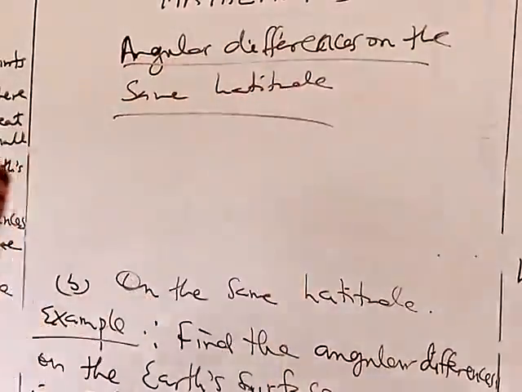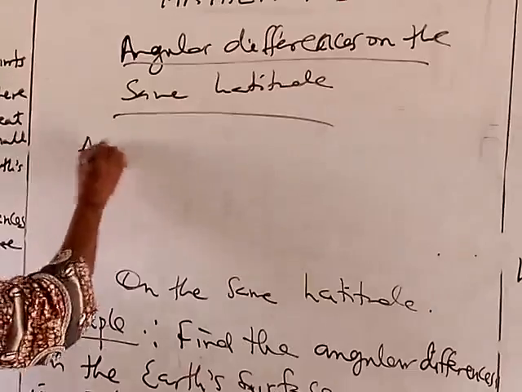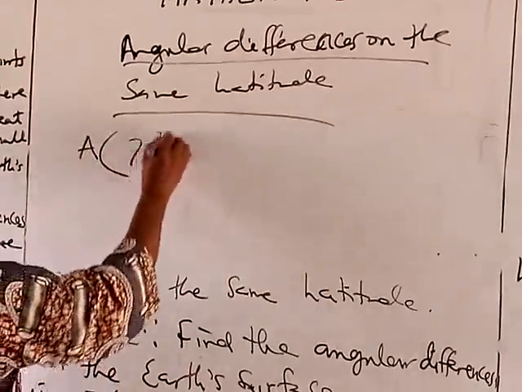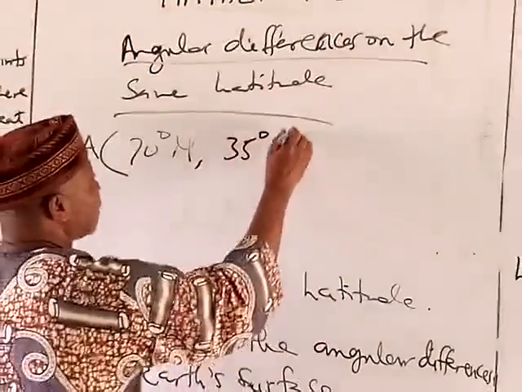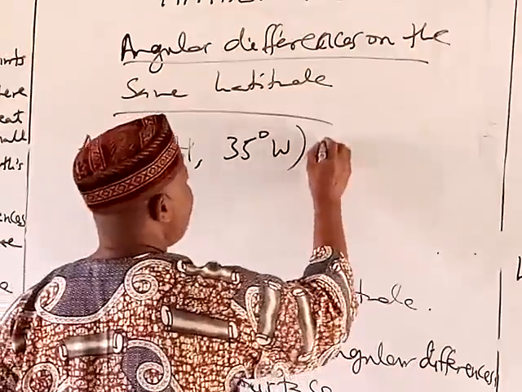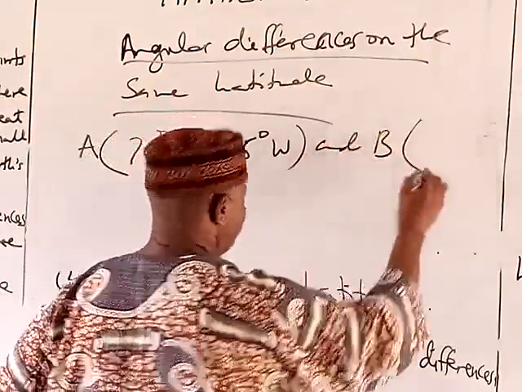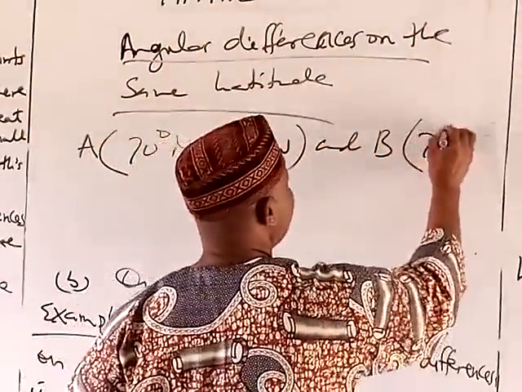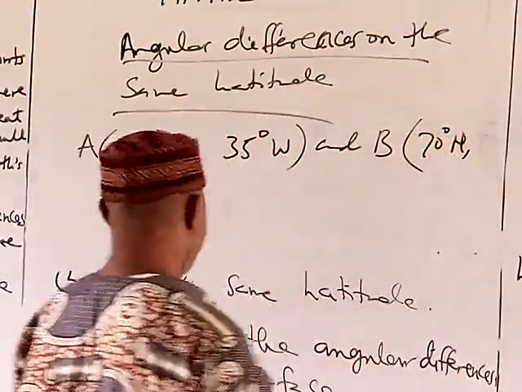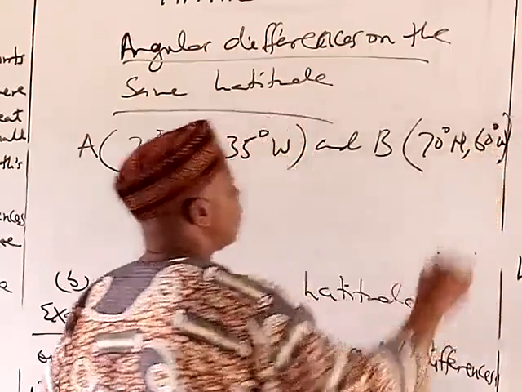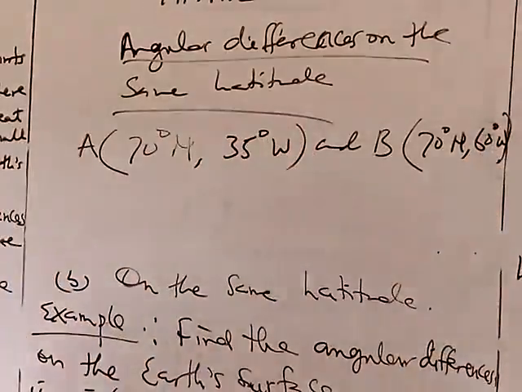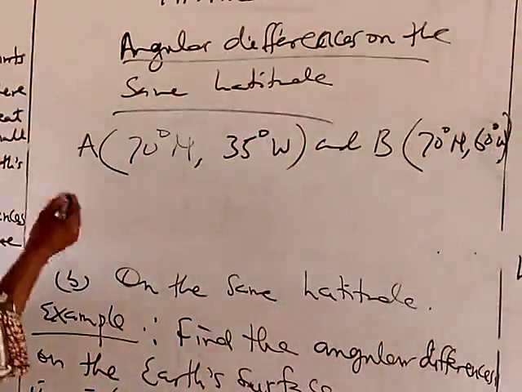What you need to do, let's have A, 70 degrees north, 35 degrees west, and B, 70 degrees north and 60 degrees west. Take this as an assignment.